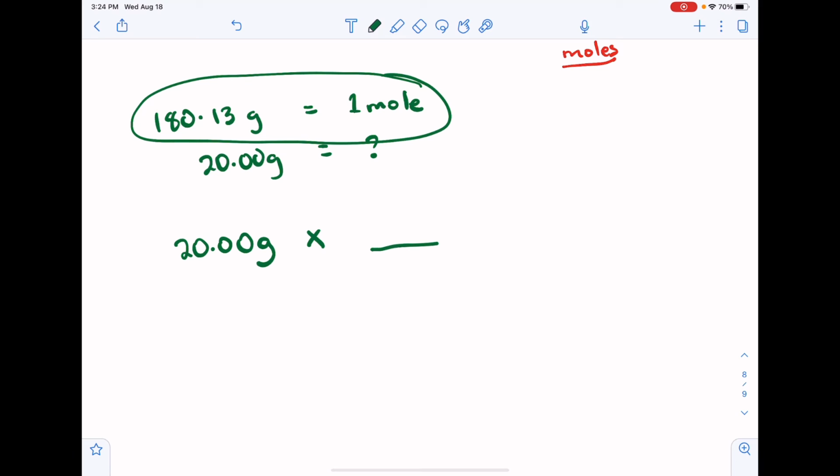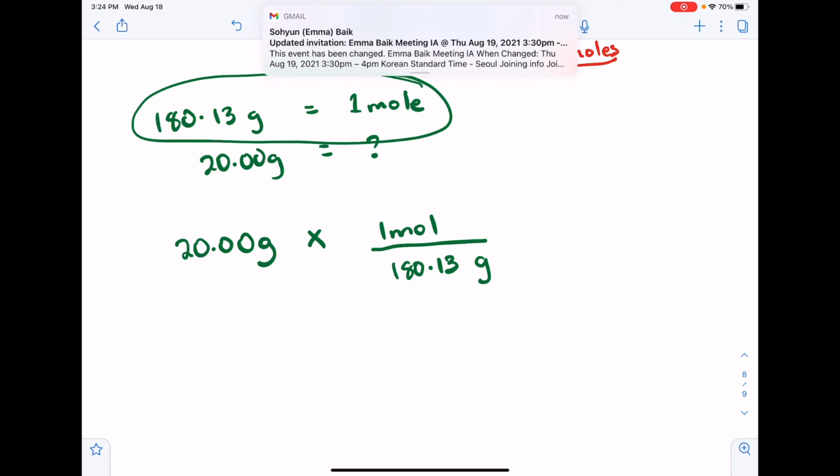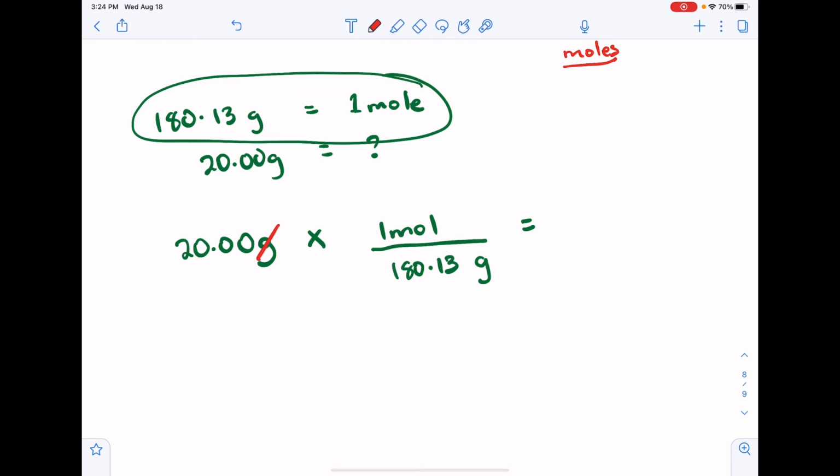Rather, I would write it so that the denominator here has units of grams. So we know it's 180.13 grams. And then the top here is going to be in mole. The way we determine how to put the fraction is to ensure that we can cancel out units. So for instance, now here I have grams, will cancel grams, and what I'll be left with will be moles.